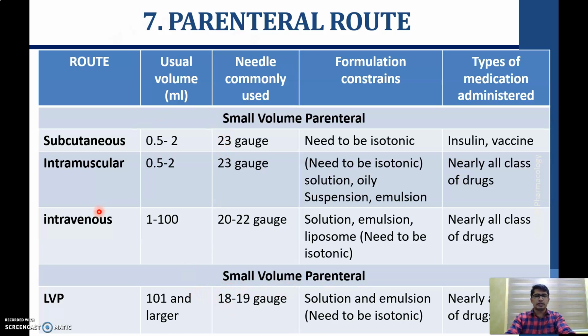So if the intravenous injection is given in an amount of 101 ml to 1 liter or 1000 ml, it is known as large volume parenterals, which can be administered using an 18 to 19 gauge needle, and solutions and emulsions can be administered. Nearly all classes of drugs can be administered by this route.